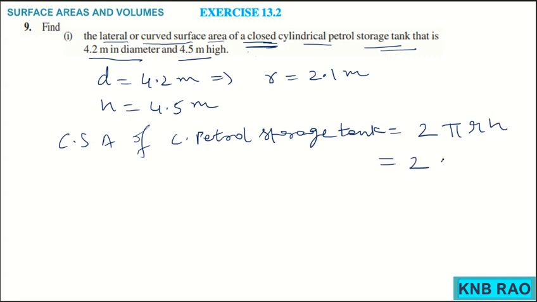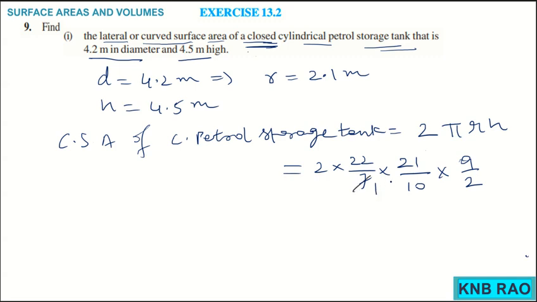Formula with that we will find out 2 into 22 by 7 into this 2.1 can be written as 21 by 10 multiplied by, here let me take properly again, here 2 into 22 by 7 into 21 by 10, instead of 2.1 I have written 21 by 10 into this 4.5 I am writing it as 9 by 2, where 4.5 can be written as 45 by 10, on simplification it becomes 9 by 2.